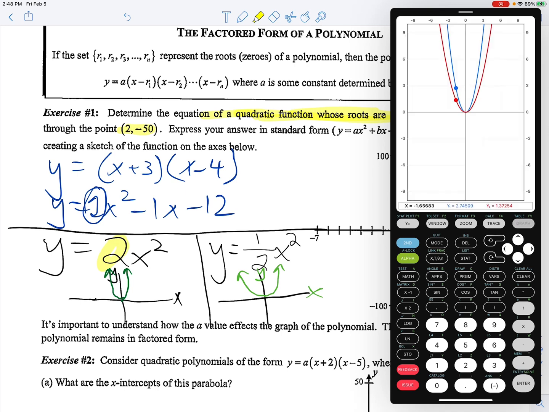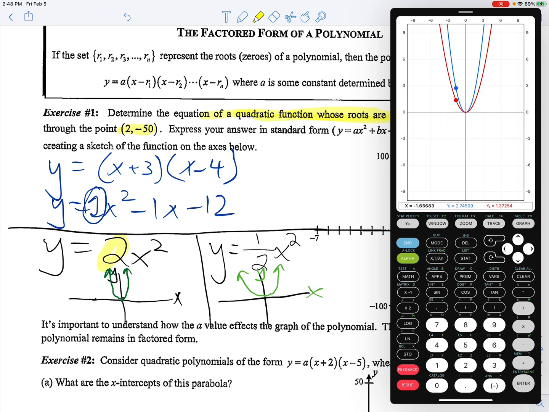So 0.5x squared. Let's see. Blue is x squared, red is 1/2 x squared. So now you can see, what do I usually get? It's wider. The graph of y equals 1/2 x squared is wider than the graph of y equals x squared. There's another way to look at it, the same way there's another way to look at the graph of 2x squared.